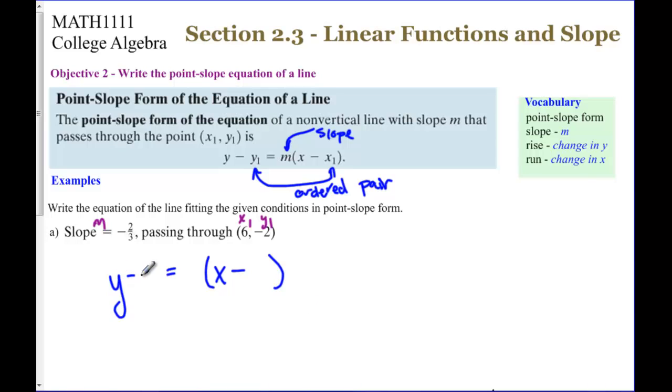All right, so y minus y1, y1's a -2, so y minus -2. The x1 is going to be a 6, so the x minus x1, x minus 6. And then my slope, -2/3, I'm going to plug in -2/3. Okay, and then I'm going to want to barely simplify. The only thing I'm worried about is this double negative right here.